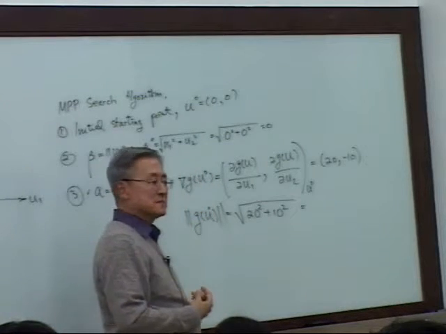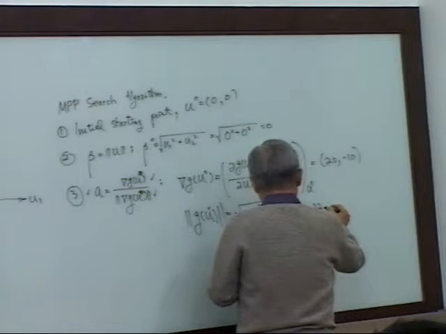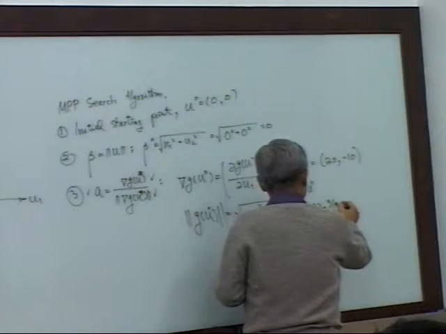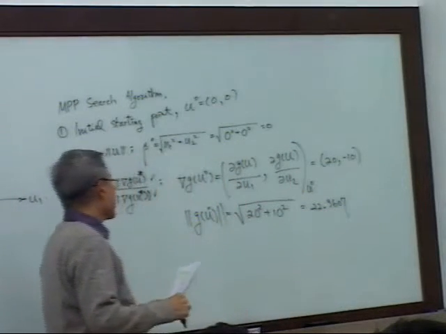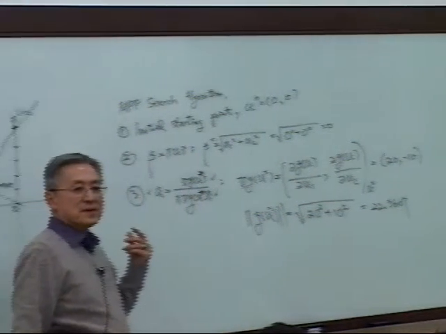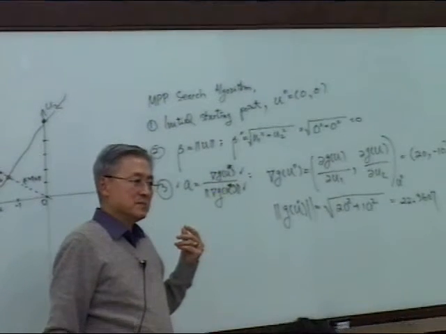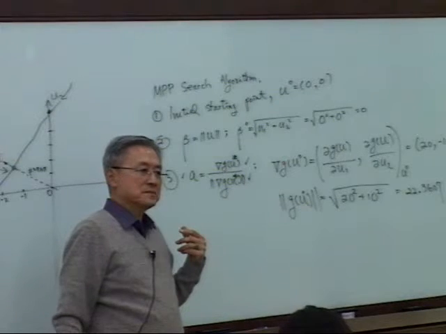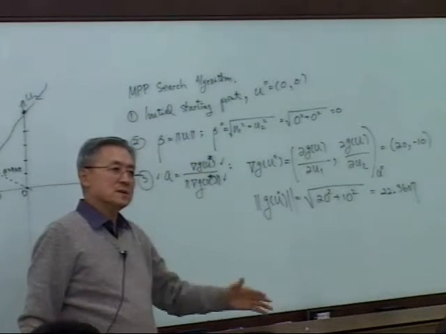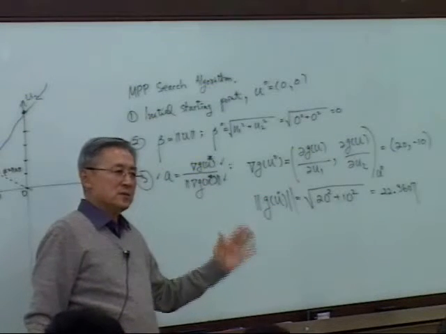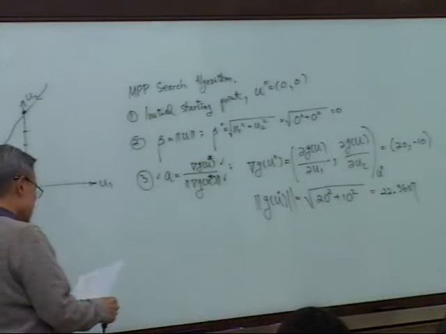Makes sense? Then this value is 22.36. Everything here, the unit should be what? Megapascal. You could write at the beginning or anywhere you want, saying the unit is so and so.